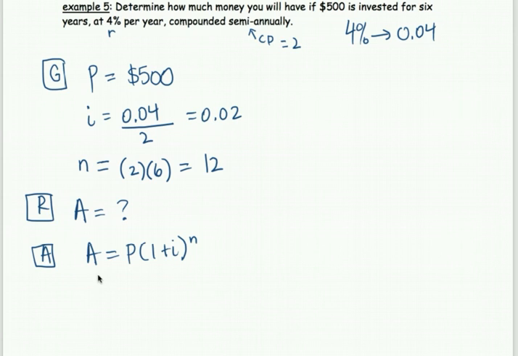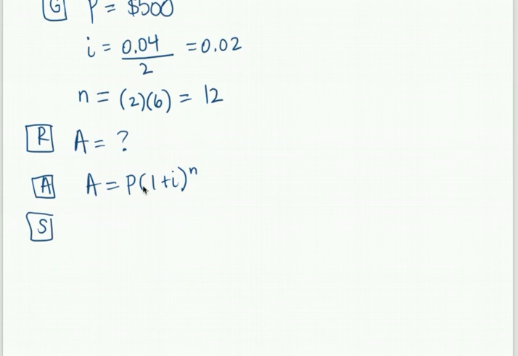From here, I want you to plug in everything that you know. Now we're going to the solve step, putting our plan into action. We have 500 for the principal, and 1 plus the interest rate 0.02, and the exponent n is 12.